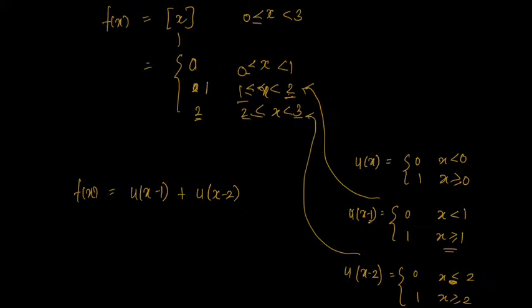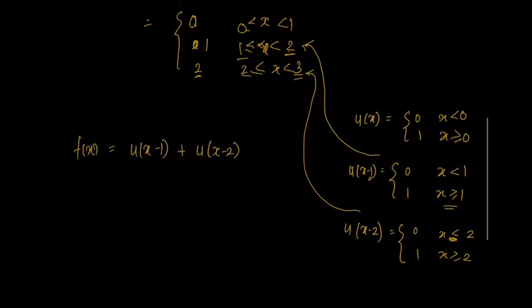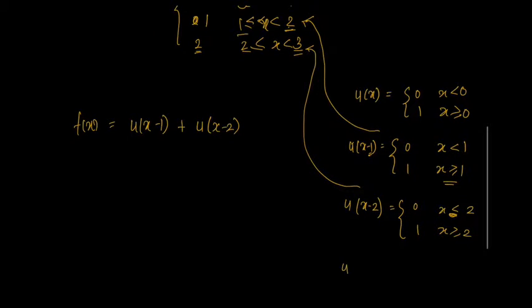Now to include the values of x above 3, we'll use another unit function, that is u of x minus 3, which is 0 for x less than 3 and 1 for x greater than or equal to 3.